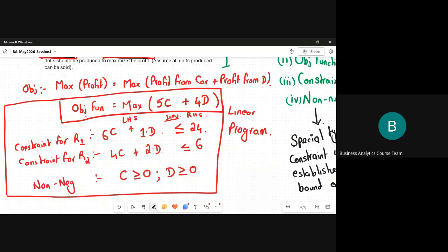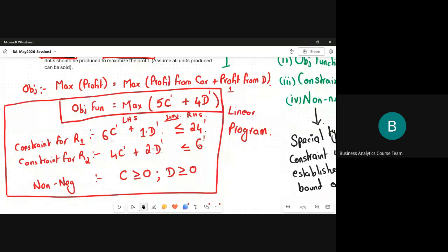Why? Because look at the objective function: 5C plus 4D, maximize this. This is linear in nature. This 5C plus 4D is of power 1. Look at the constraint: 6C power 1, 1D power 1, 24 power 1. So everything is of power 1. Constraint number 2: 4C power 1, 2D power 1, 6 power 1.